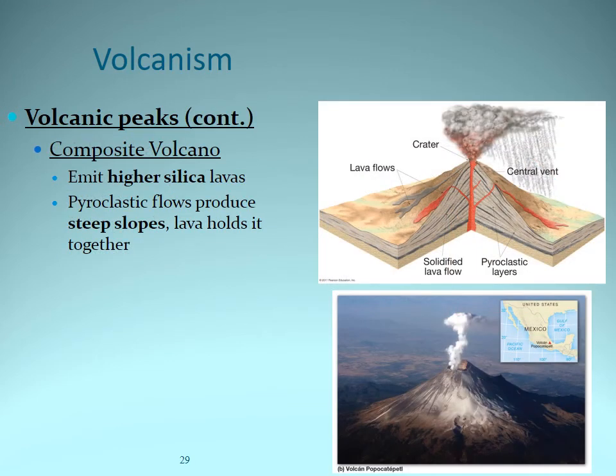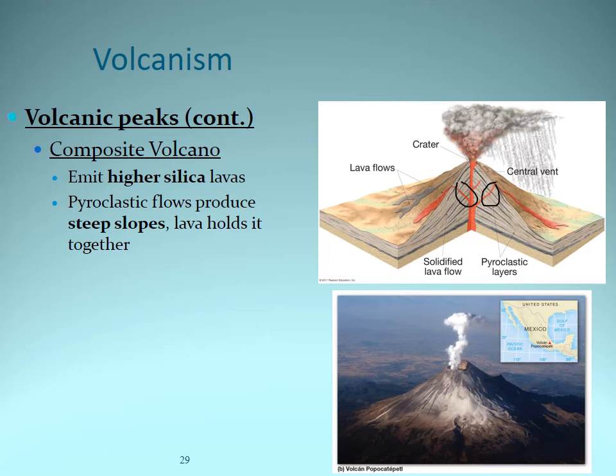On the flip side, when we have more silica, which makes lava and magma more viscous, harder to flow out, then we start to get a buildup of magma, and we can get magma chambers, and these magma chambers can help create and solidify the characteristic cone shape of a volcano.